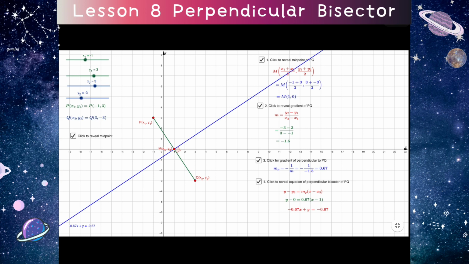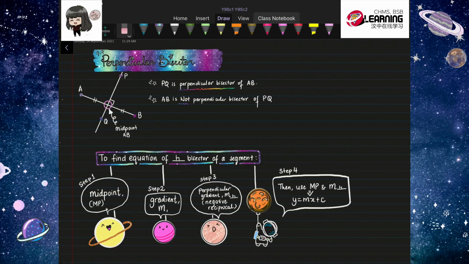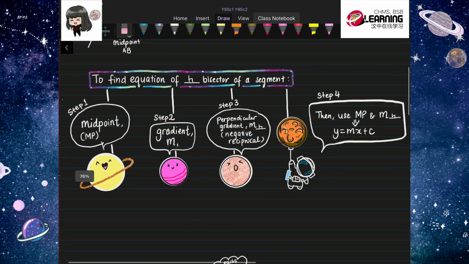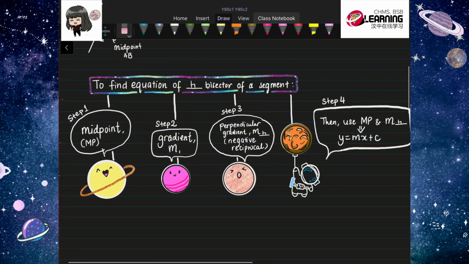I guess you probably only understand a little bit now. Let's go to the notes first. This is the part that you need to copy down: the perpendicular bisector, and also this important part, to find the equation of the perpendicular bisector of a segment. This sign is the perpendicular sign.